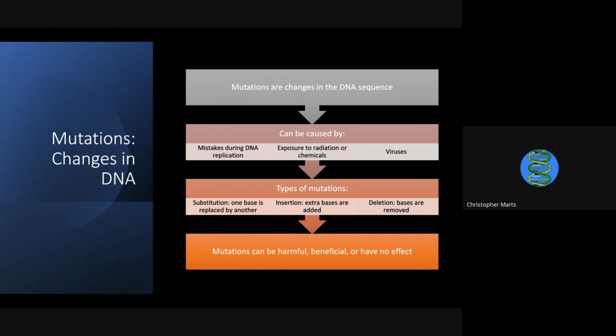This could be damage caused to the DNA by outside things like radiation or chemicals, or even by viruses, because viruses will implant their DNA into a cell for the cell to make more viruses, which was the case with Henrietta Lacks. She contracted cervical cancer, and HPV had inserted its DNA into her cells, which changed how those cells grew.